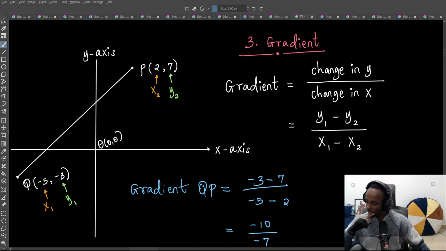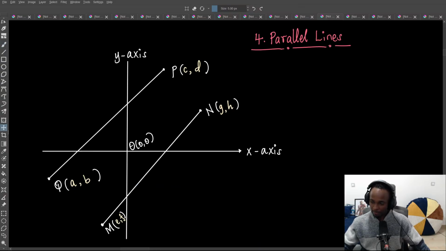Then let's move on to the next important point. The next thing we want to know is, if I give you two lines, QP and MN, with arbitrary coordinates, can you tell whether these two lines are parallel to each other, right? Parallel lines never meet.